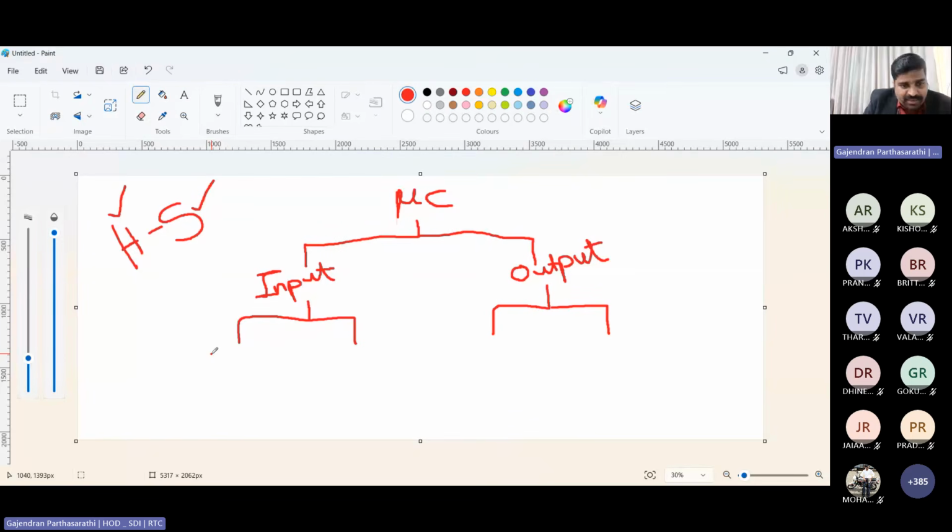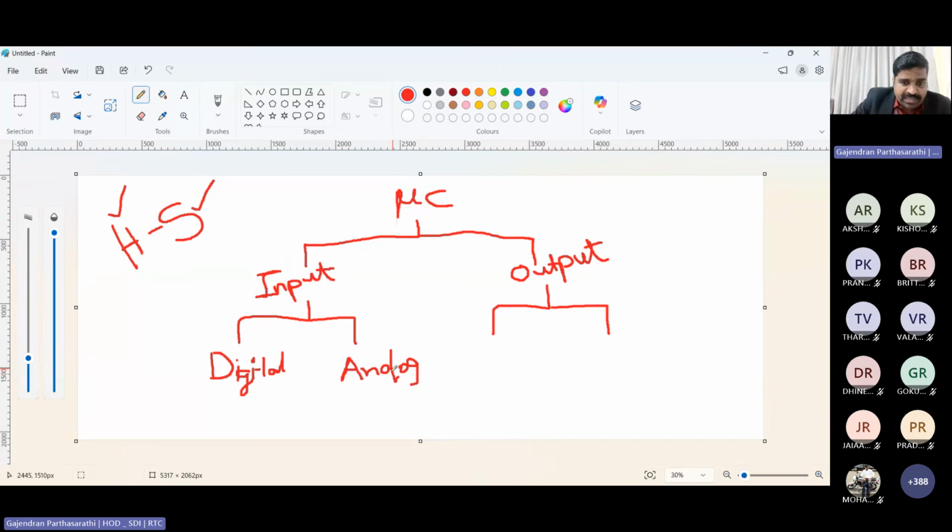Digital and analog. Please complete the tree. Digital is the one type. Analog is the next type. Very good. Are these two categories applicable only for input?